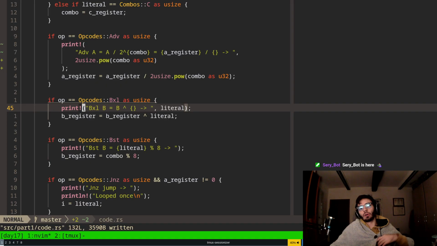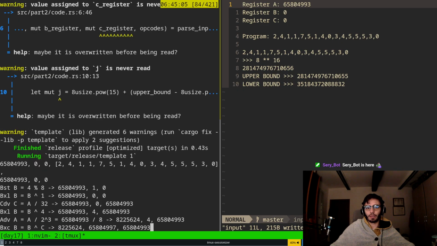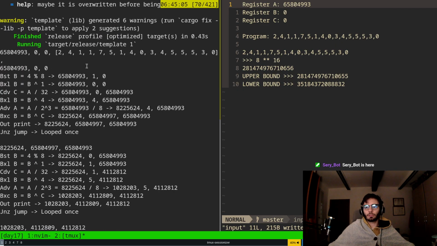BXL, it's an XOR. So it is my belief that we can. Okay. So the first operation is BST.